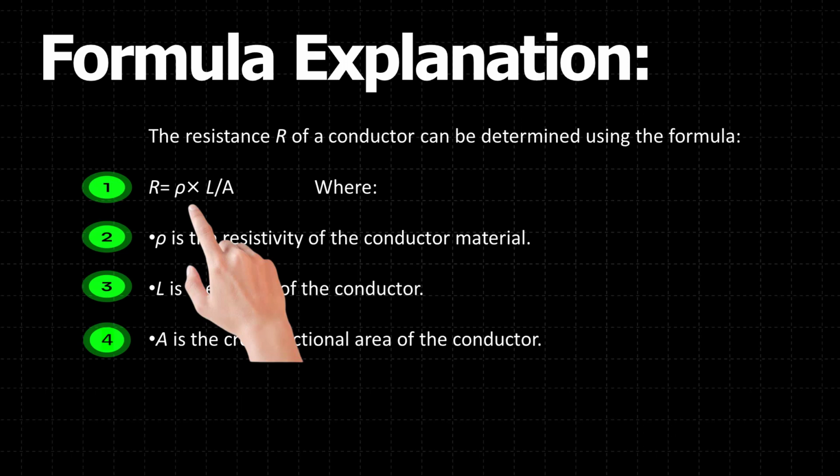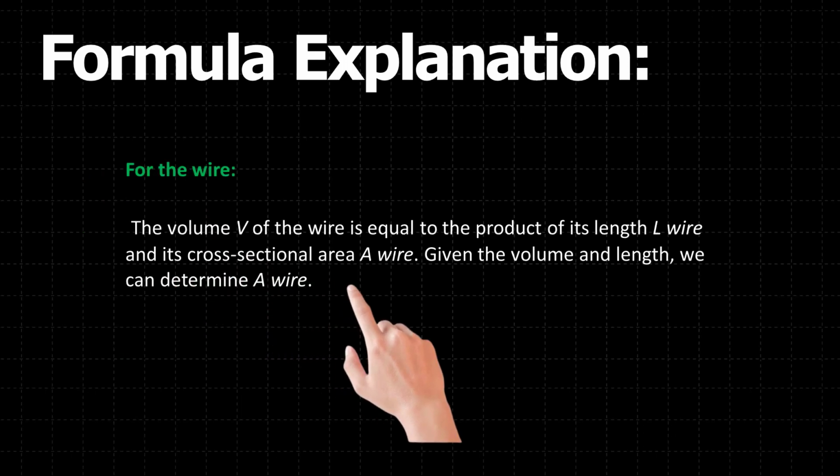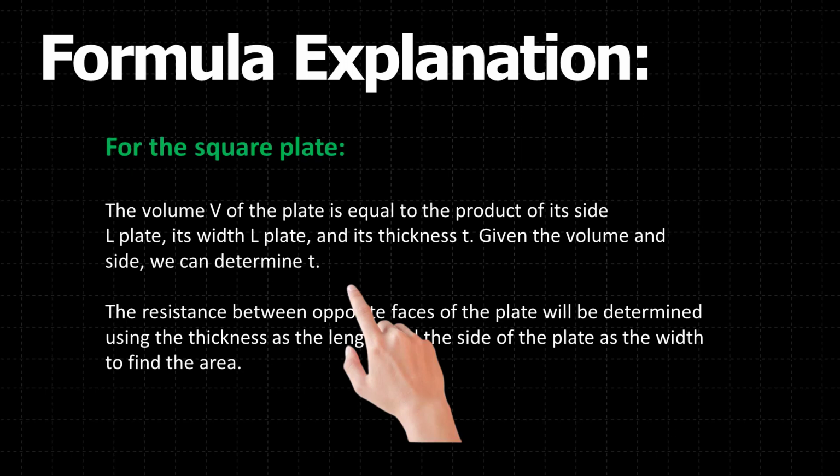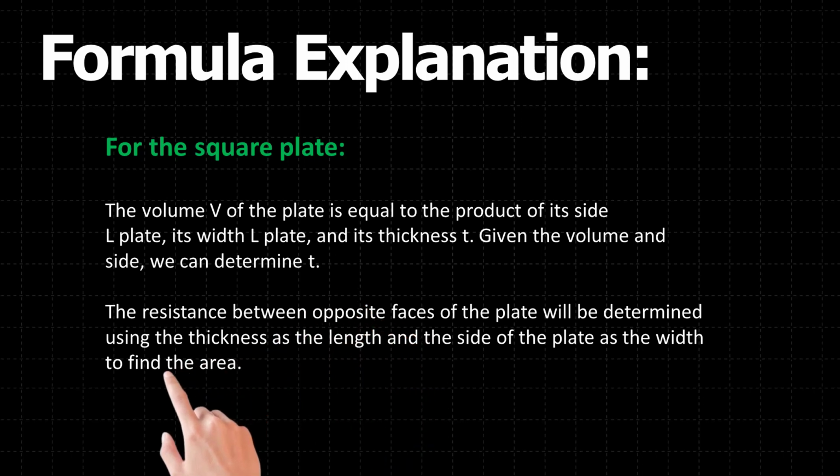Formula explanation. The resistance of a conductor is given by the formula R equals rho into L upon A. For the wire, the volume is equal to the product of its length and cross-sectional area. For the square plate, the volume is equal to the product of its side, width and thickness.